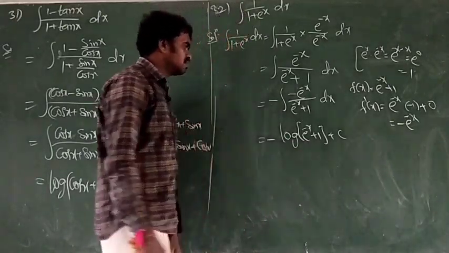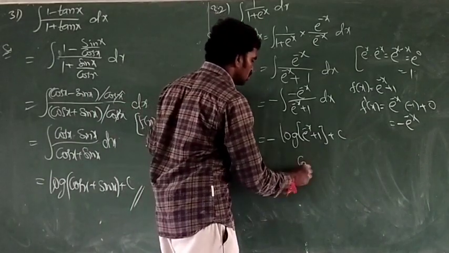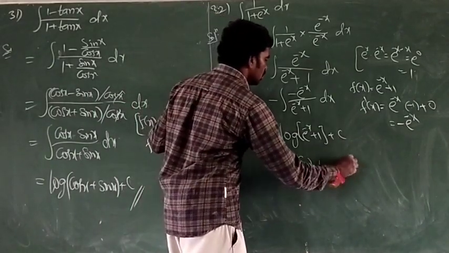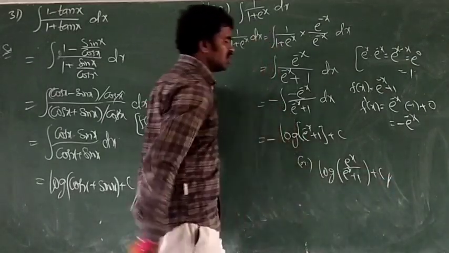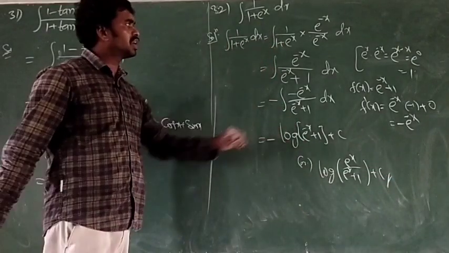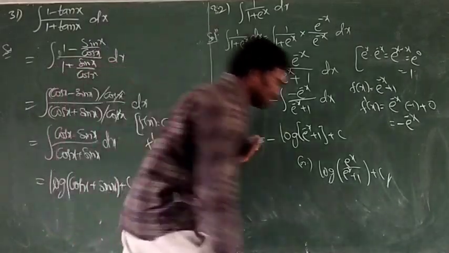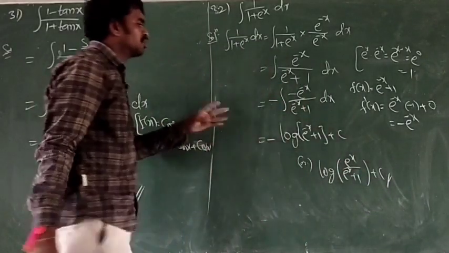So e power x by e power x plus 1. Up to here is enough, no problem. You will be awarded marks, don't bother about that.